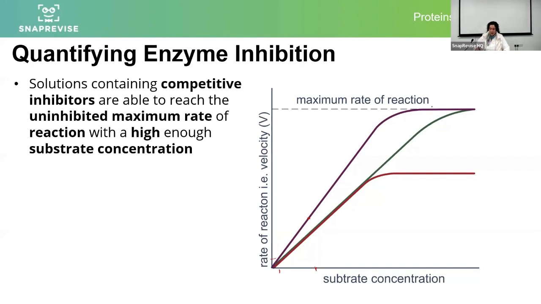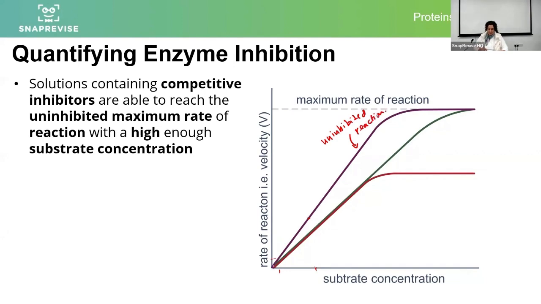We'll often be asked to identify the shapes of these curves and deduce whether they come from a competitive inhibitor. The uninhibited reaction is the purple line here, the normal uninhibited reaction.